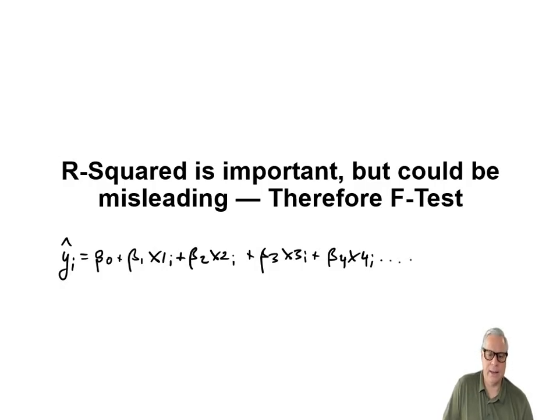Imagine you can come up with all kinds of variables and add and add and add them, and then by pure chance, by pure randomness, those variables will explain something.